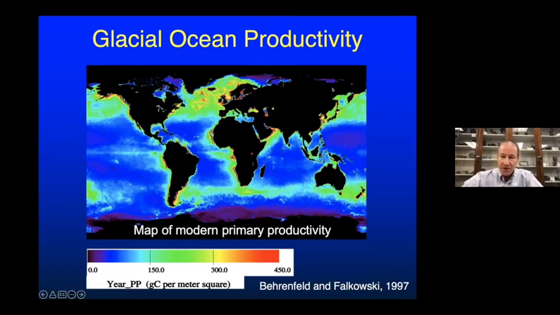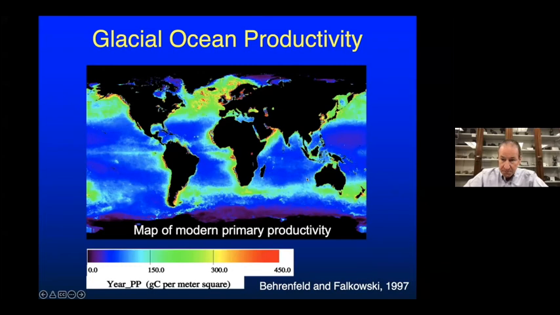The way that carbon gets into the deep ocean is through productivity. Carbon is taken up by photosynthesis at the surface, then it's respired through multiple trophic levels, multiple levels of organisms using that carbon that was fixed originally by plants and algae. And you can see here around the world that there are fairly productive regions, some in the northern hemisphere, some ringing around the Southern Ocean.